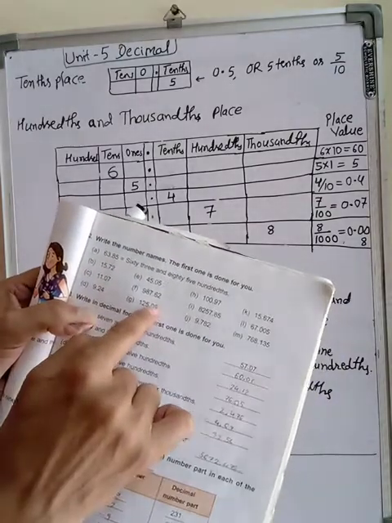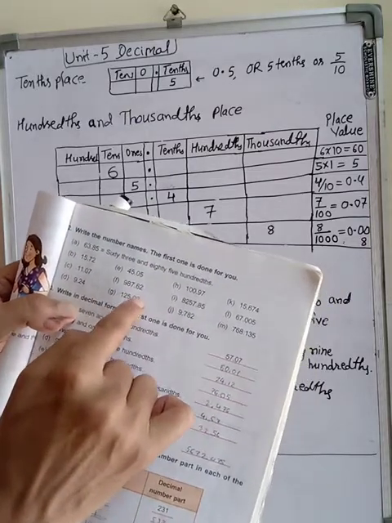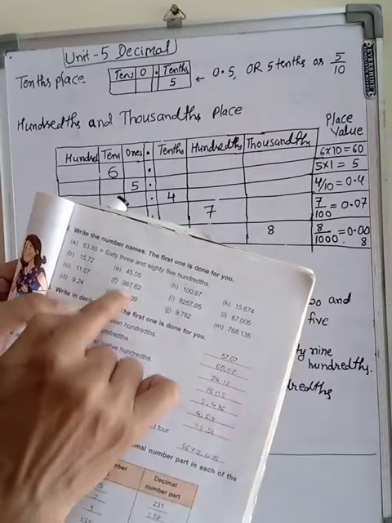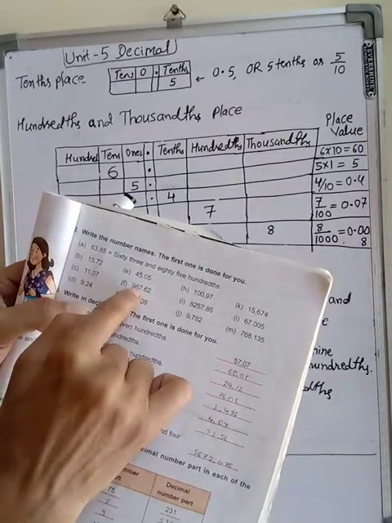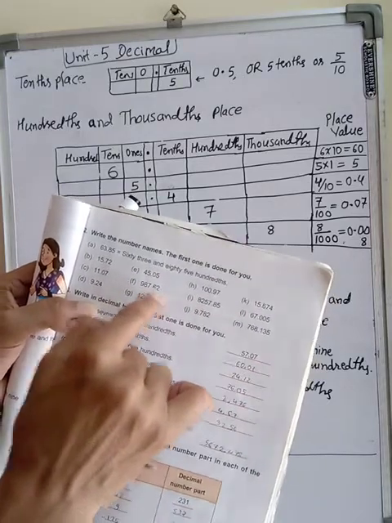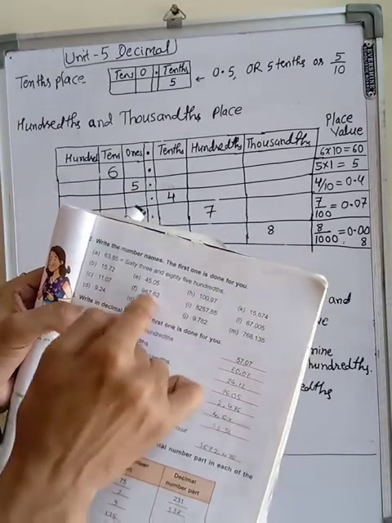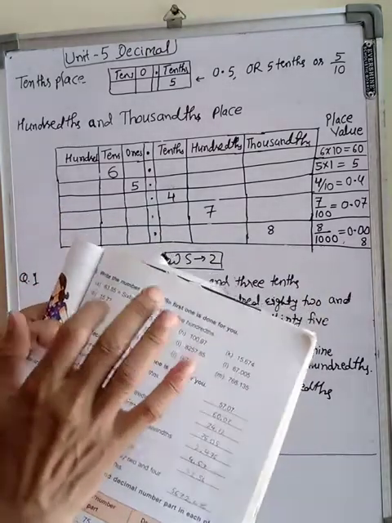Here there are 2 places, so how will we read? 125 and 9 hundredths. See here, F question: 987 and decimal 62 written. How will we read? 987 and 62 hundredths. So this is the reading of question number 2, reading and writing.